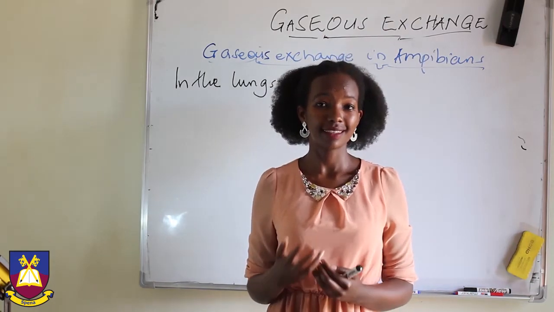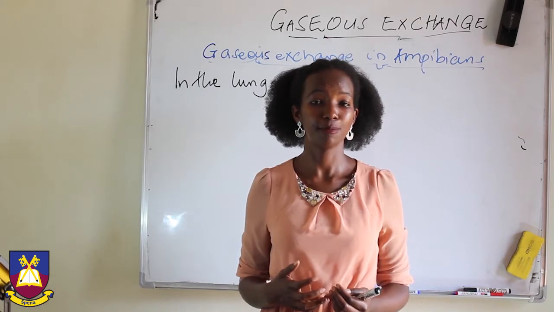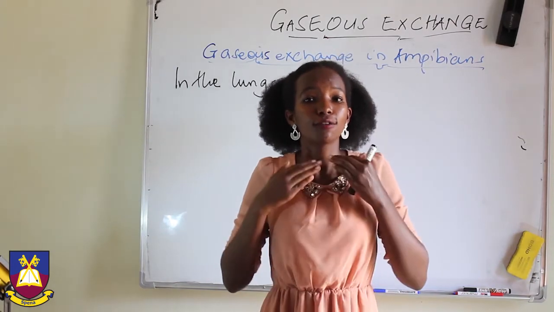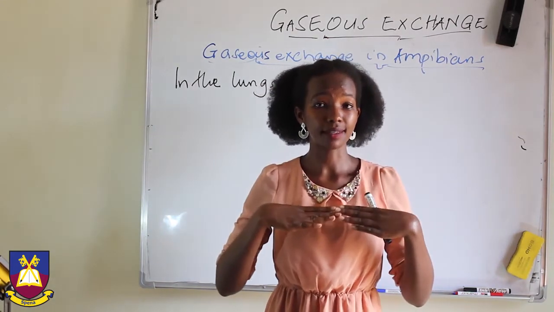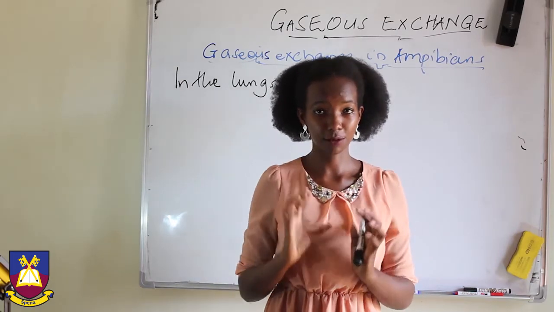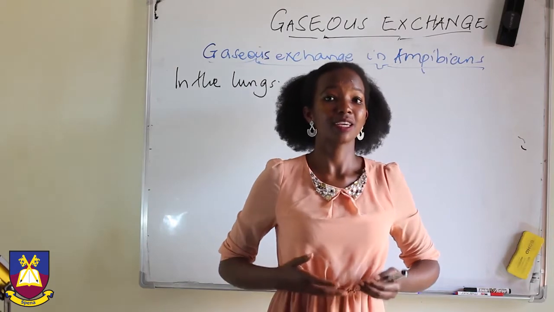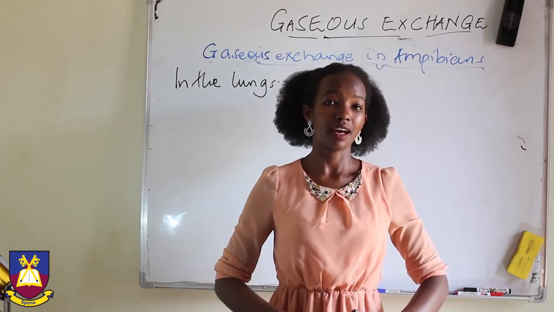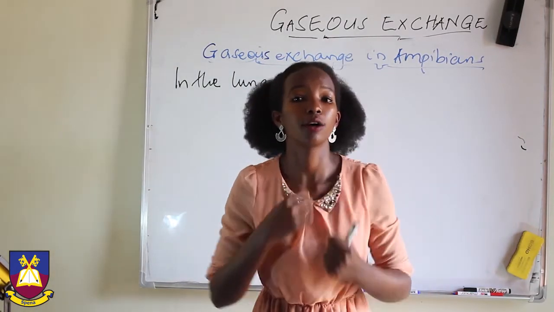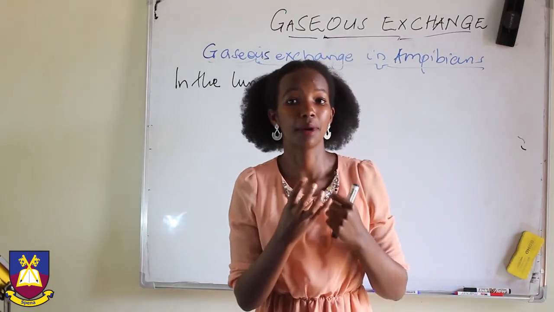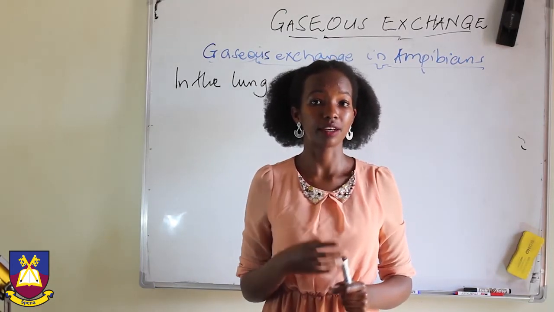Now, once gaseous exchange is done, the floor of the mouth now lowers. Volume increases, pressure decreases. The volume of the lungs decreases, pressure increases, and that causes the air to flow out through the glottis to the mouth, where there is lower pressure.